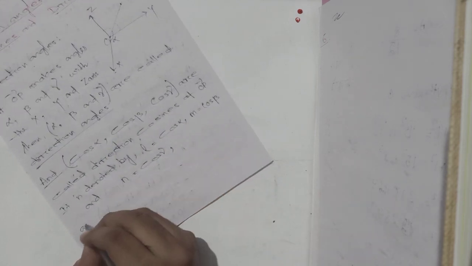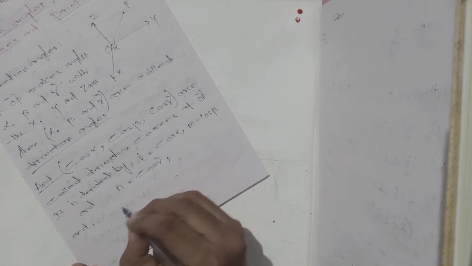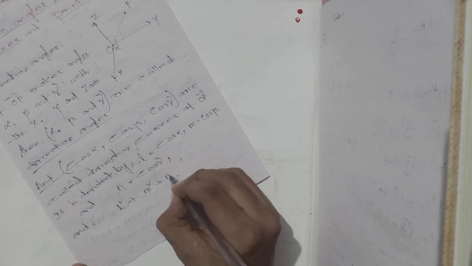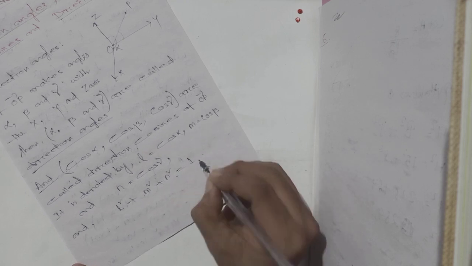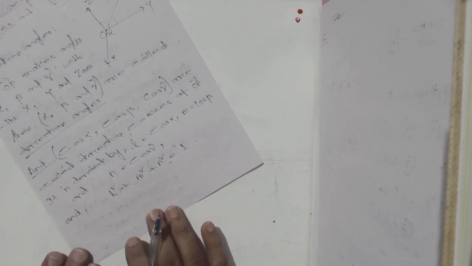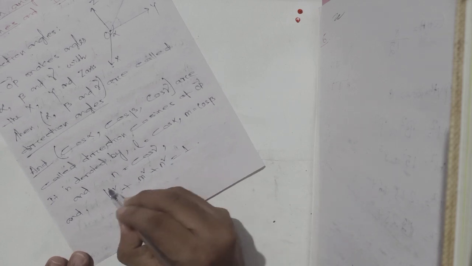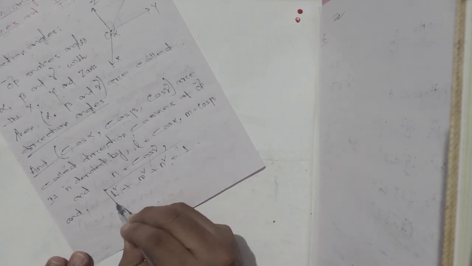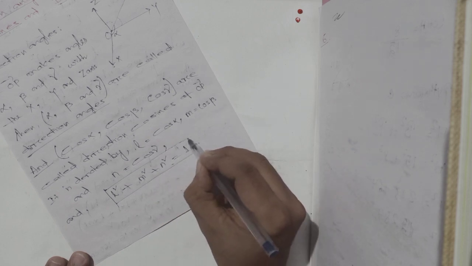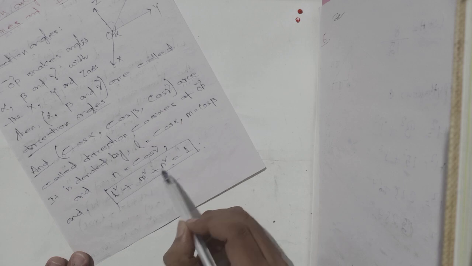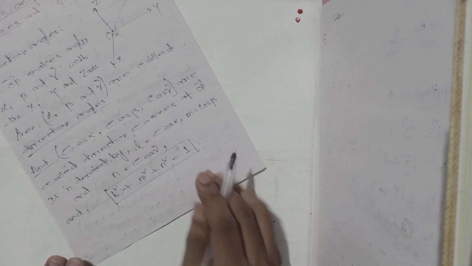And there is an important relation: L square plus M square plus N square equal to 1. This is a very important relation between the direction cosines. Cos square alpha plus cos square beta plus cos square gamma is equal to 1.